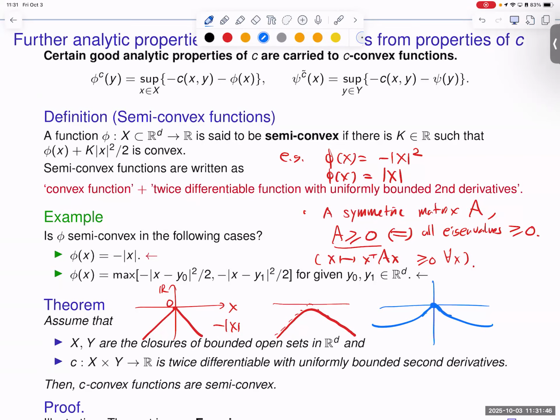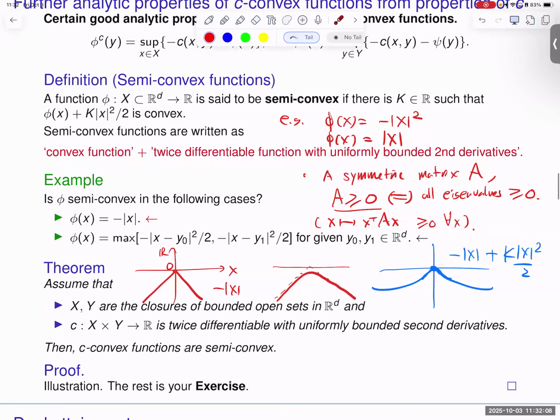You cannot cancel that singular shape near the origin. So here, x plus any other function will look like this. You can do some similar games with other examples. So do this, this is your exercise.